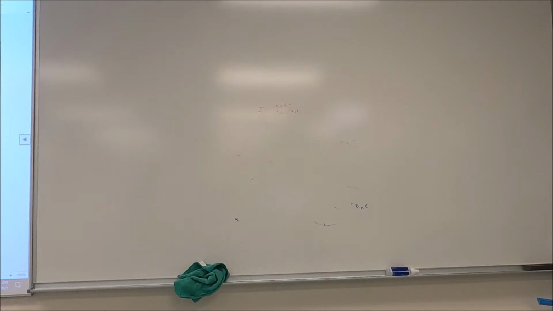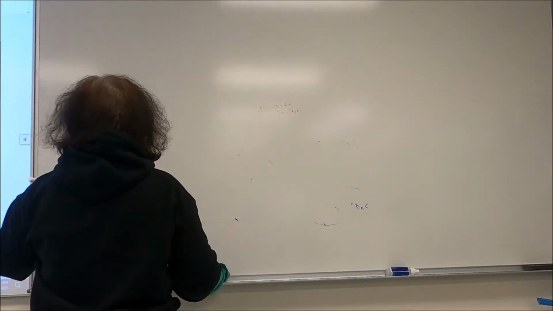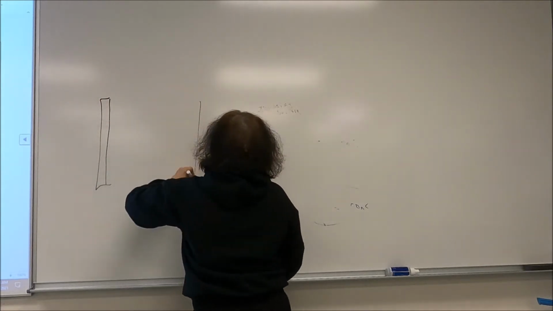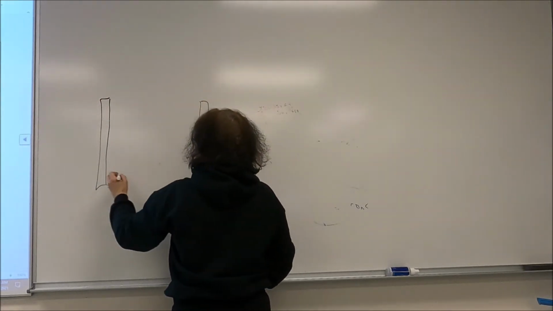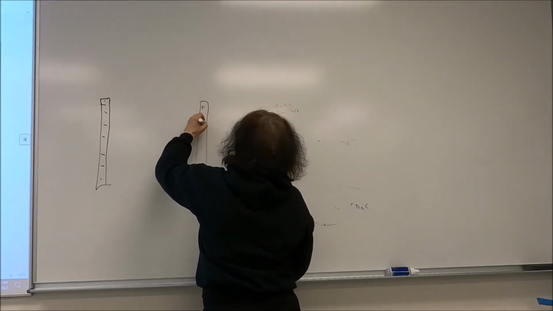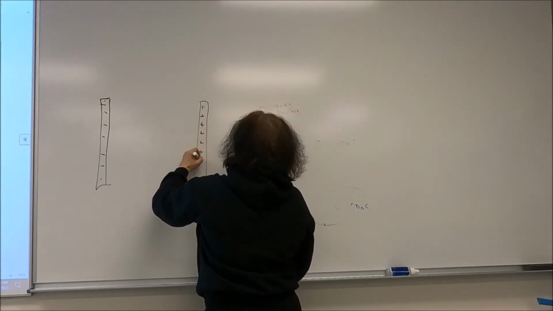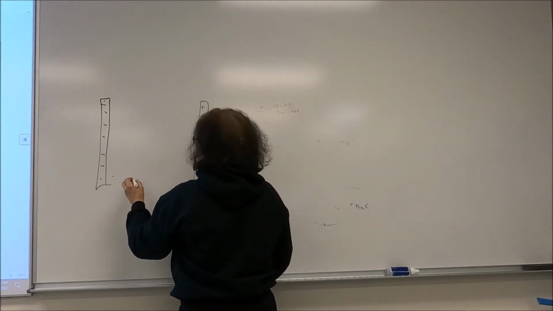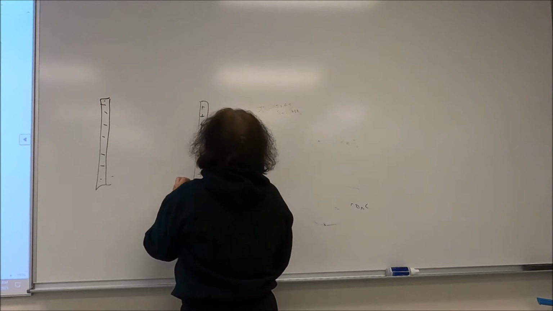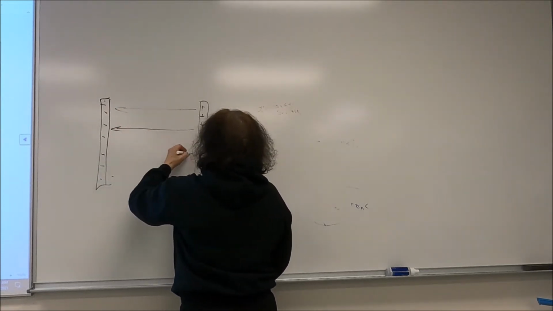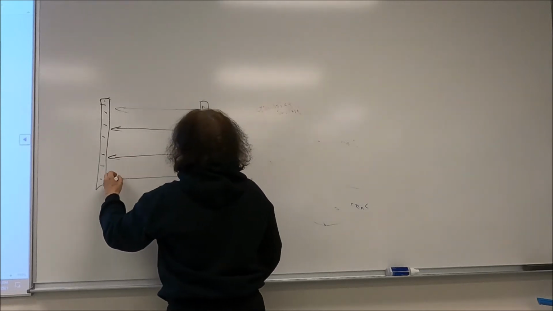Okay. Now, we've got a parallel plate capacitor here. Our negative plate, our positive plate. Okay, so that means that the electric field points from the positive to the negative.